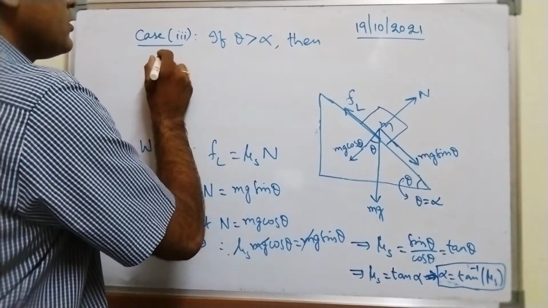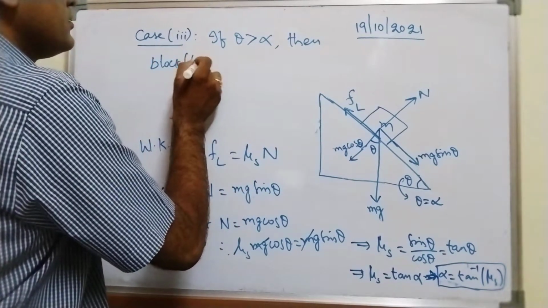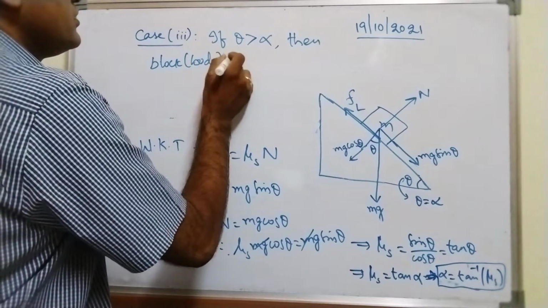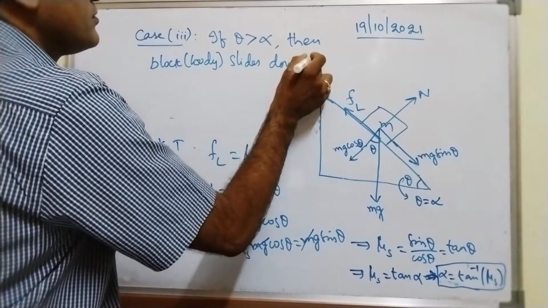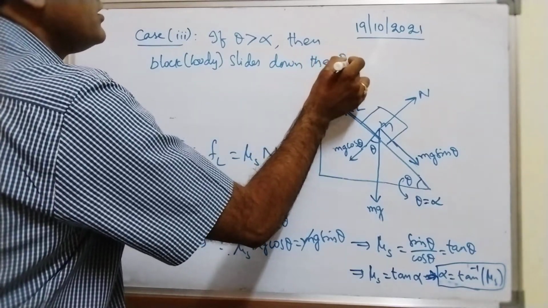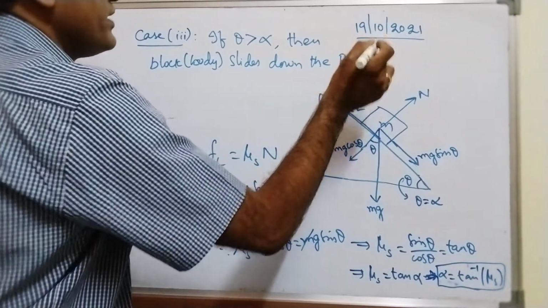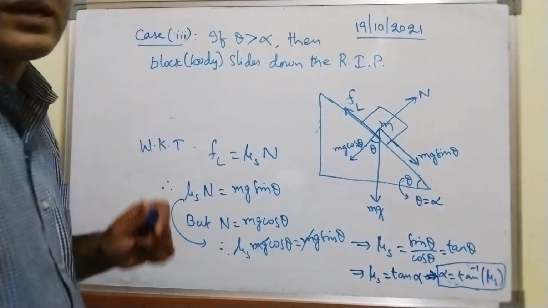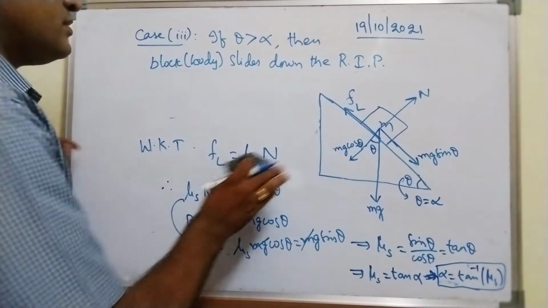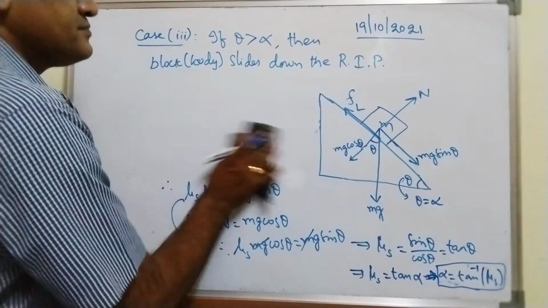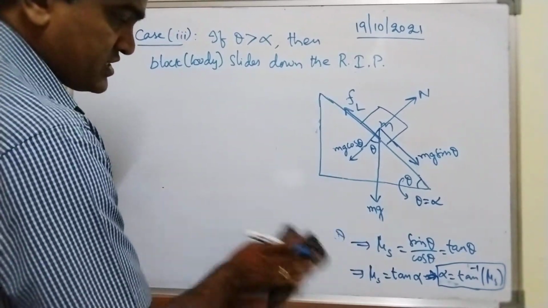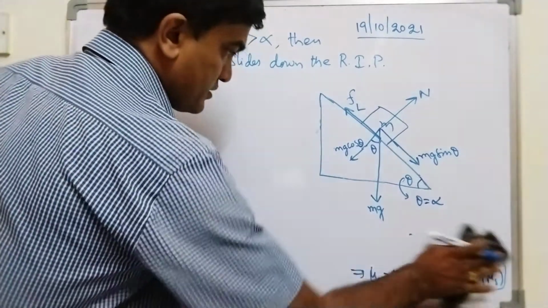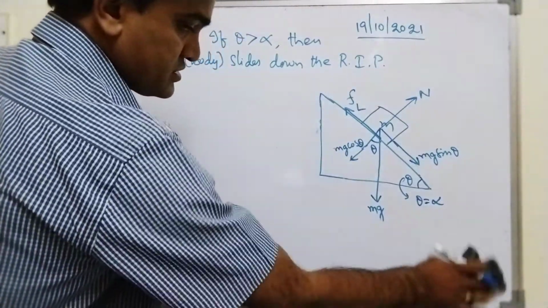Then the block or body slides down the plane, slides down the rough inclined plane. RIP stands for rough inclined plane. Now let's see what happens in this case.